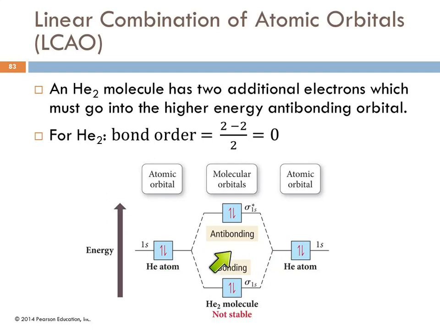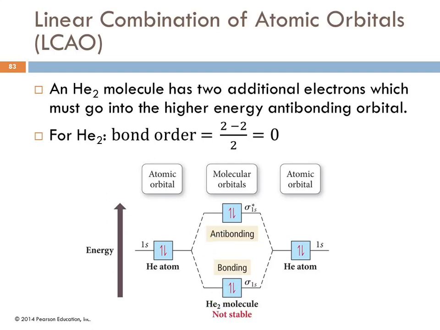These 1s orbitals are going to combine in the same way to form a sigma bonding orbital and a sigma antibonding orbital. Antibonding with higher energy, bonding with lower energy. And then we have 2 electrons here and 2 electrons here, and we're going to put them in, filling them up in the same way that we filled up orbital diagrams before. You fill the lowest energy ones first. So we'll put 2 in here and 2 in there.